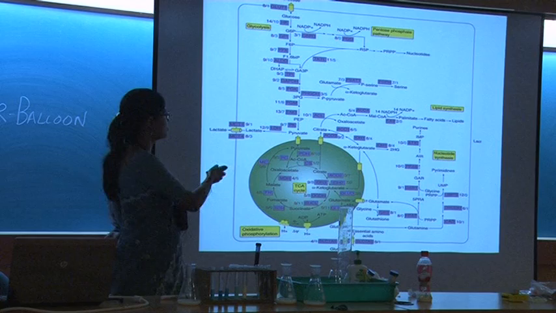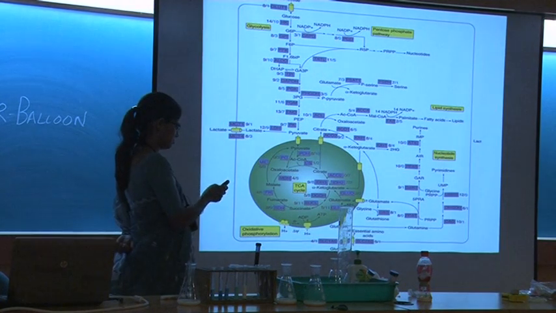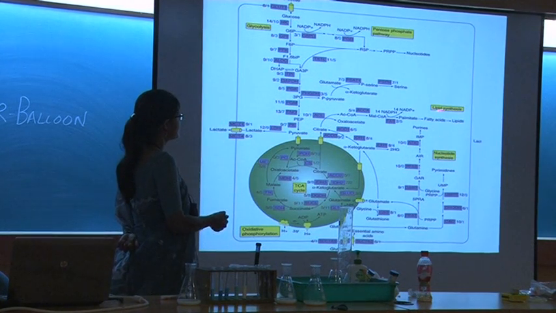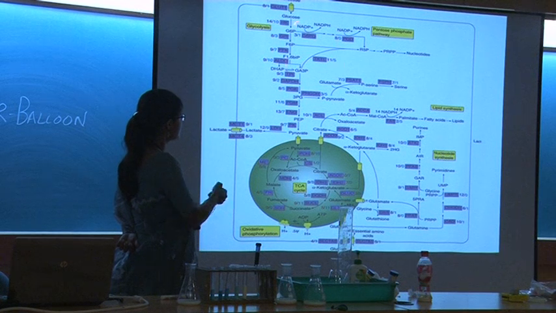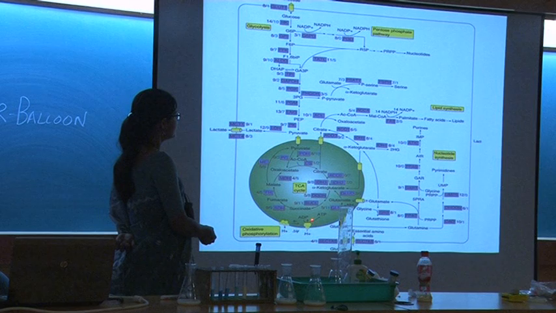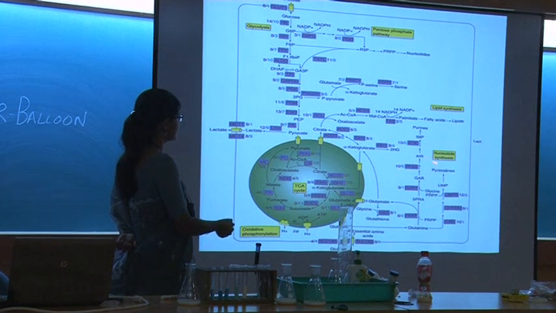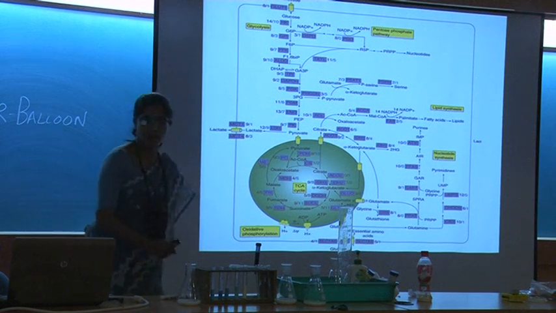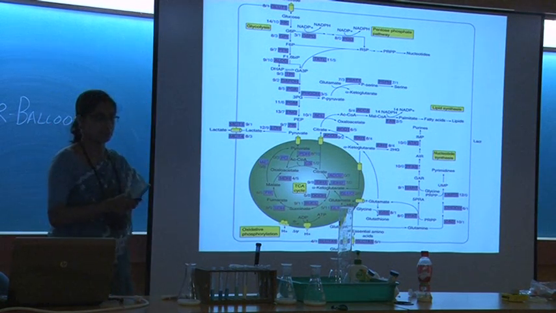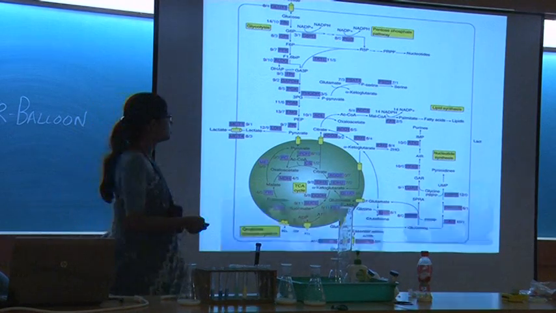And here you can see, this part is degradation or breakdown of the molecule, and these parts, that is nucleotide synthesis, lipid synthesis, some of the components or metabolites are being used for synthesizing lipid and nucleotides. So we won't go into the detail of these pathways, we will just concentrate on the basics.